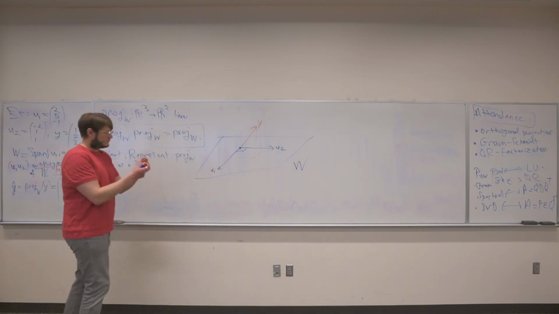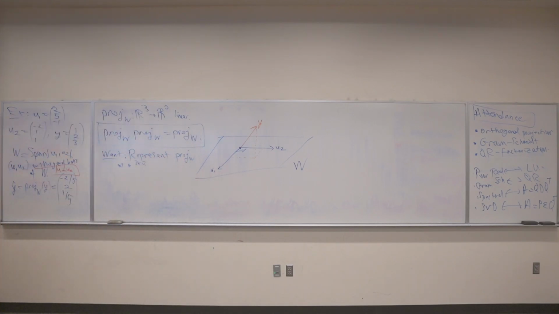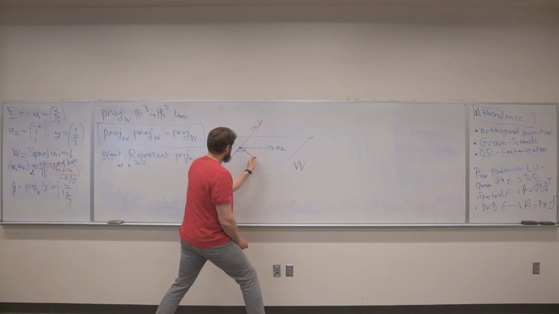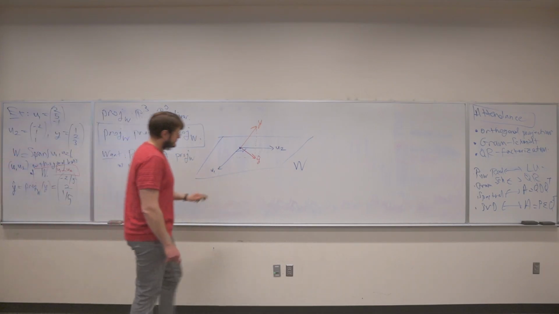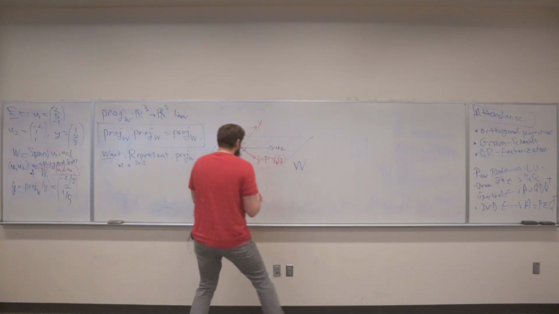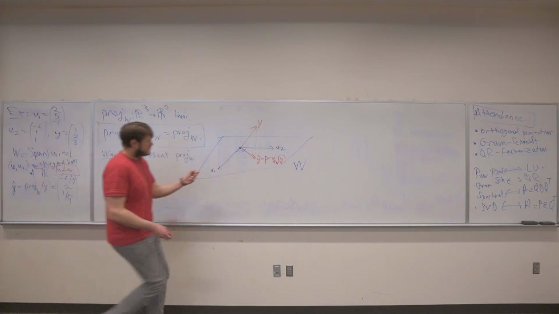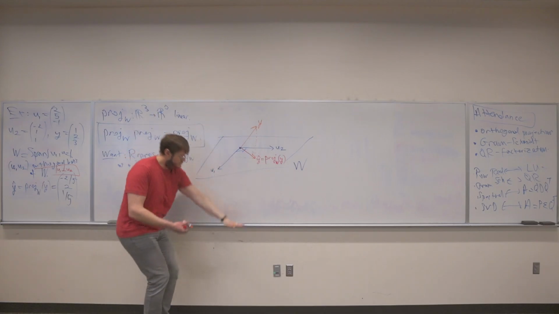I started like this, and I'm saying that this y hat is the orthogonal projection onto W. So this angle right here is 90 degrees.